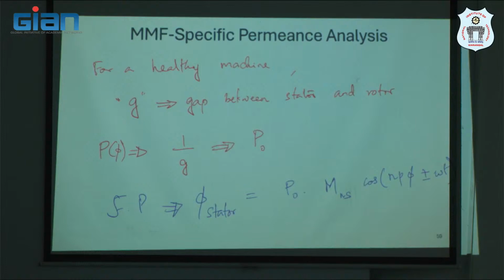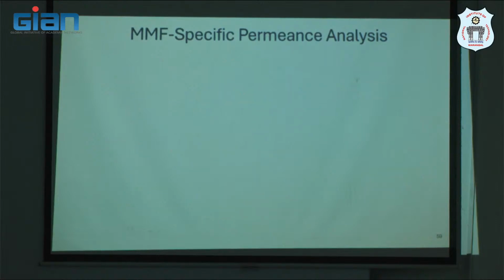Now this is the flux from the stator reference frame. I can consider the same flux from the rotor reference frame. So to represent the same flux from the rotor reference frame, I need to replace my angle from the rotor reference frame perspective. So what I will have to do is replace phi with phi dash plus theta r, or omega r t. So we have P naught cos of (NP phi dash plus NP omega r t plus or minus omega t).